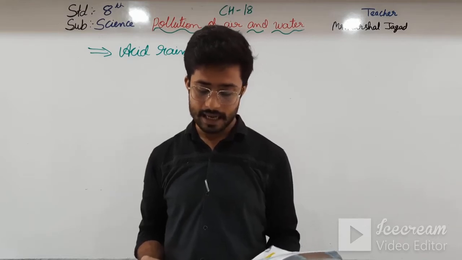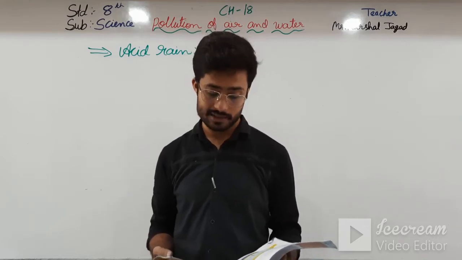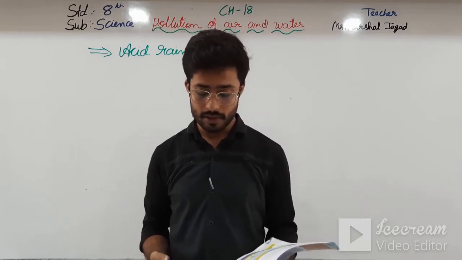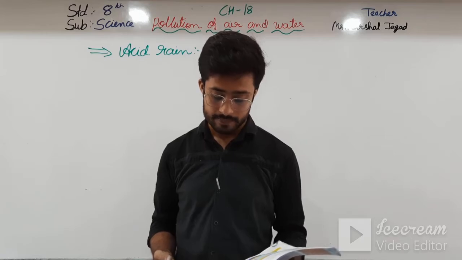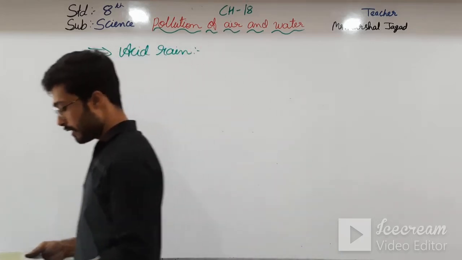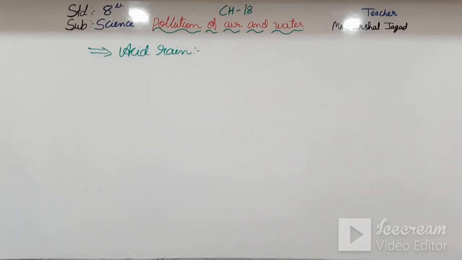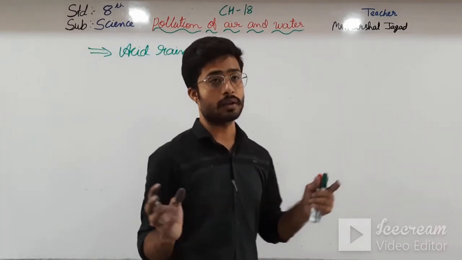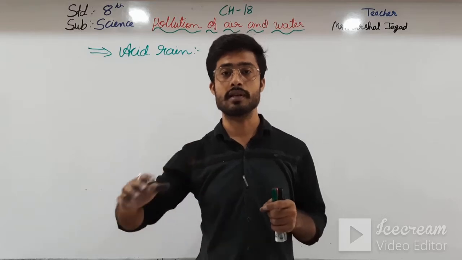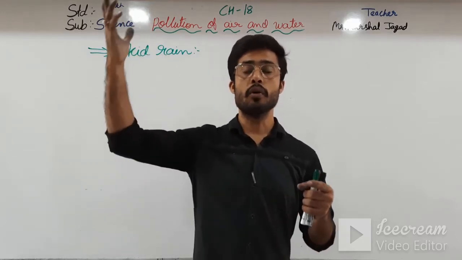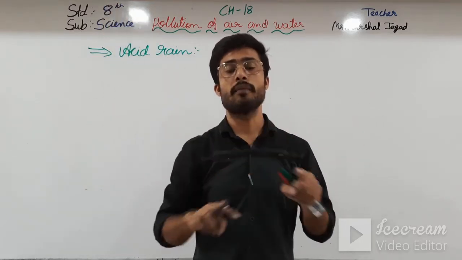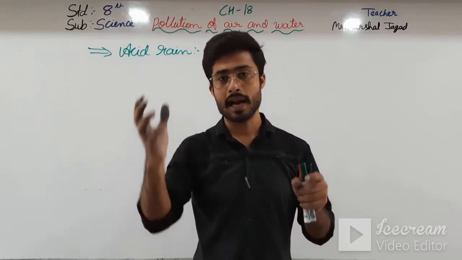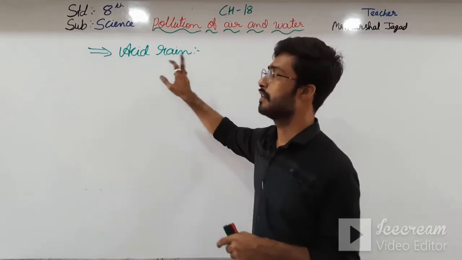Acid rain has damaging effects on plants, animals, and buildings. So with the combustion of fossil fuels, the oxides of nitrogen and sulfur go up, and when it rains they dissolve in water and come down as acid rain.